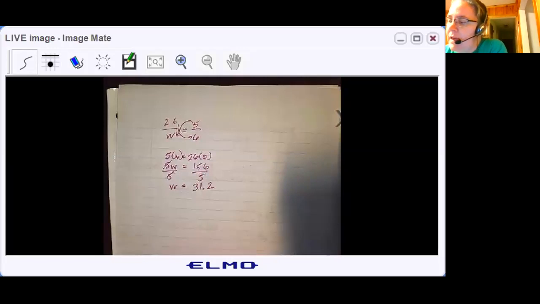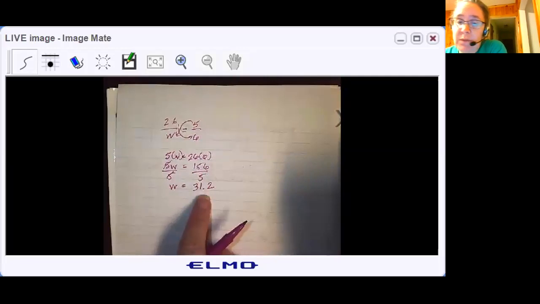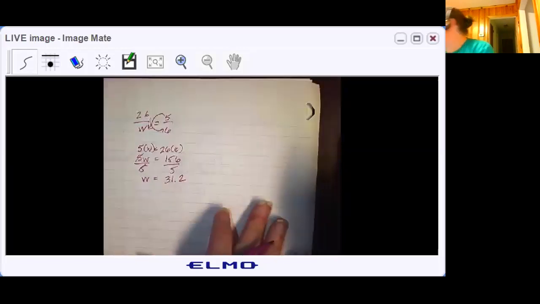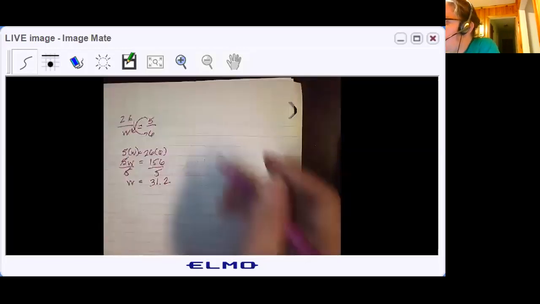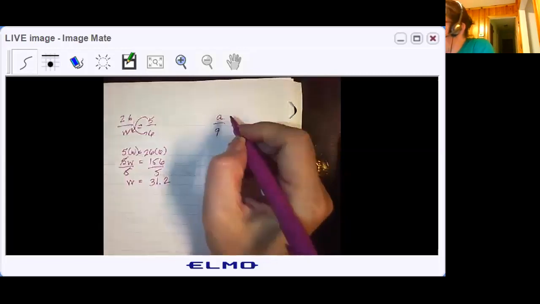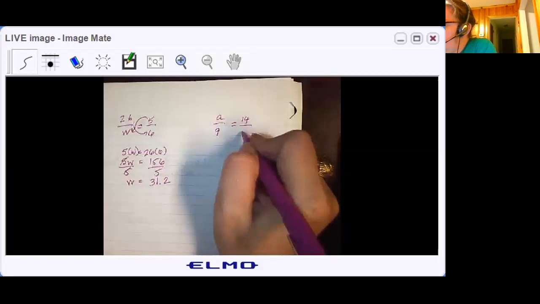So now with proportions, you can get decimal answers. The quickest way to check this would be to go to your calculator, okay? Now, let's look at another one. A over 9 equals 14 over 63.